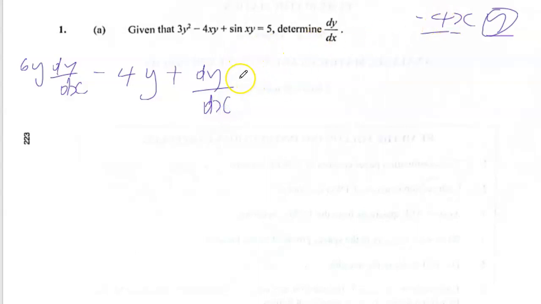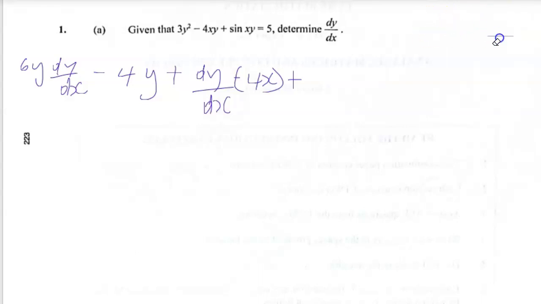We'll leave negative 4x alone. Plus, again, sin xy. We're going to apply again the product rule. So differentiate the xy.